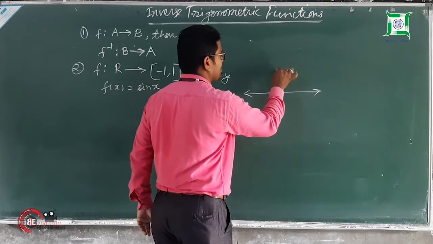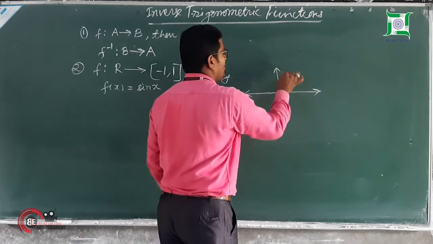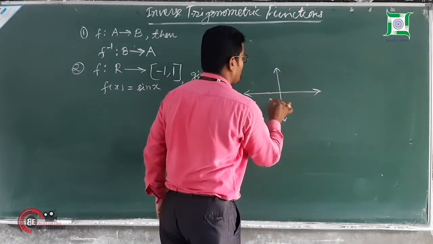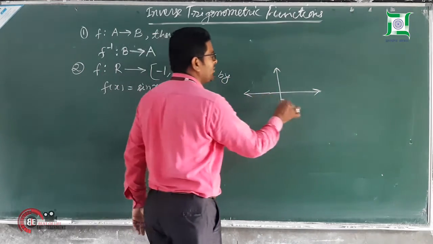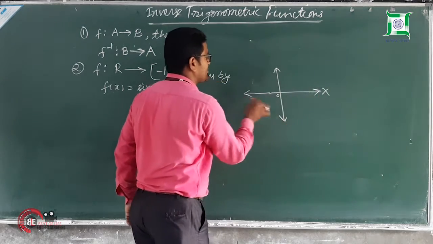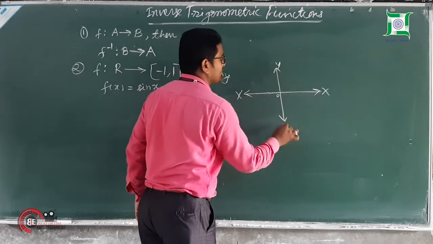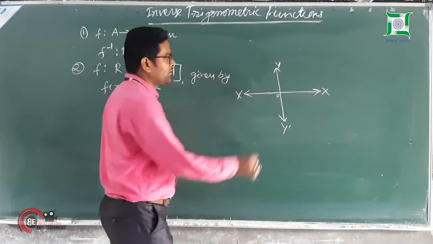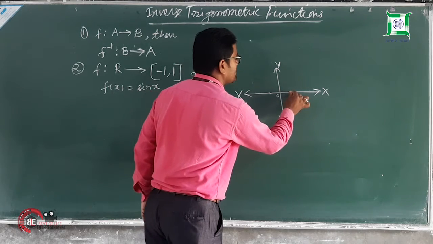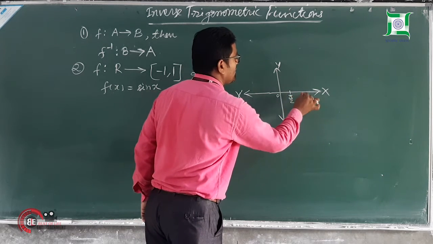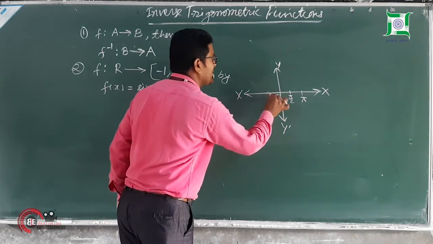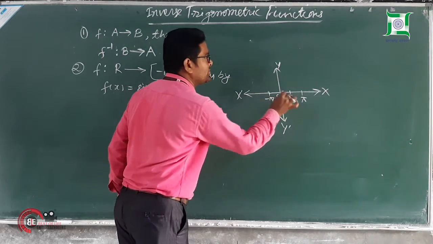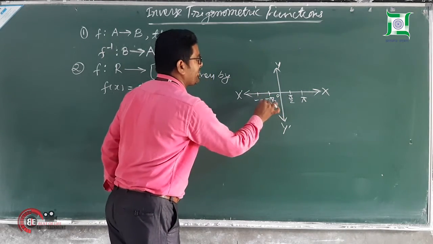Then you will understand it easily. In the set of real numbers, let us make some easy intervals. For example, this is the x-axis and that is the y-axis. Let us take some values: pi by 2, and here pi, and on this side minus pi by 2 and minus pi.